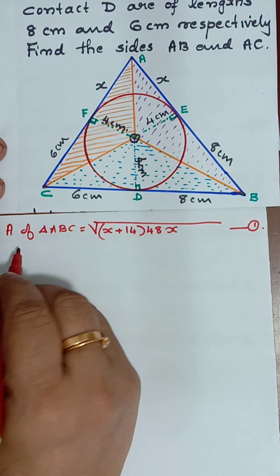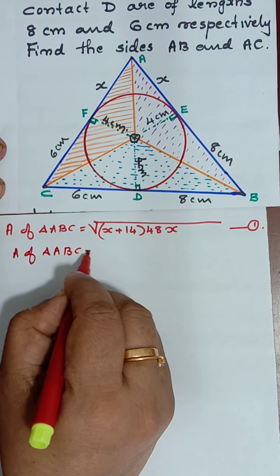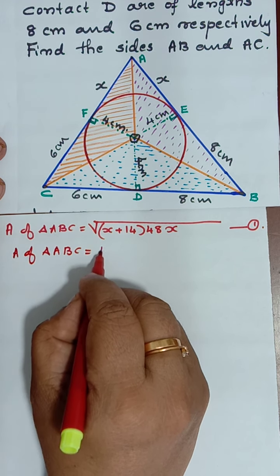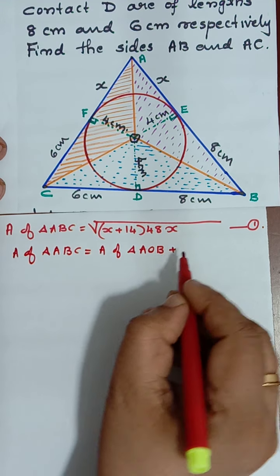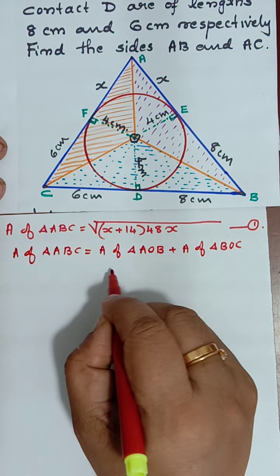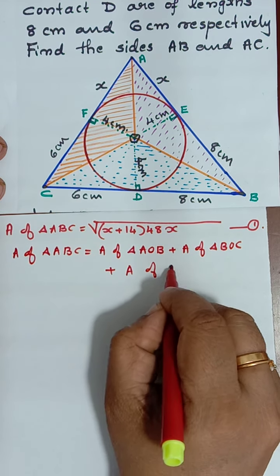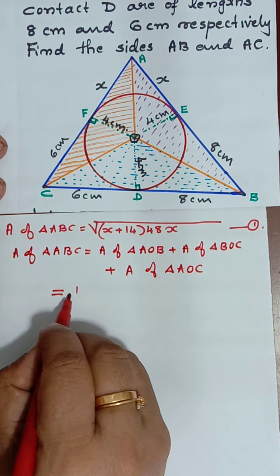Area of triangle ABC equals the sum of it: area of triangle AOB plus area of triangle BOC plus area of triangle AOC. That's equal to half base into height.